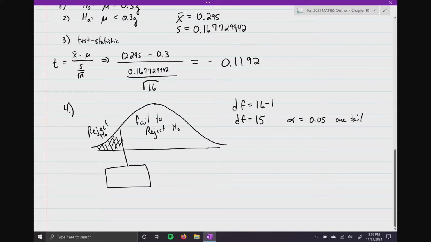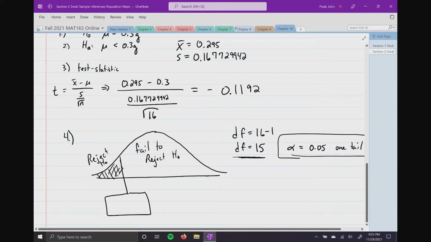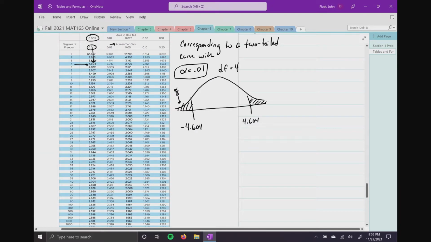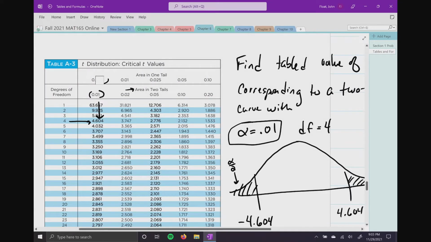So the only thing that we got to do is just find that critical value, which is on the left, so we know it's going to be negative. So what we're going to be looking up here, 15 degrees of freedom with alpha equal to 0.05 and one tail. So let's go back to our t-table. I'm just going to zoom in here for us.